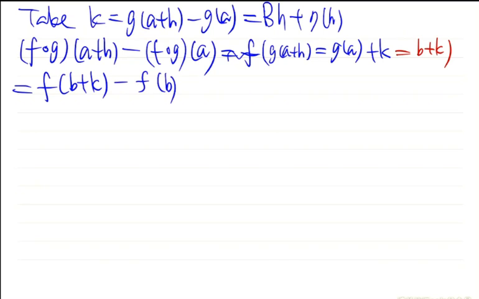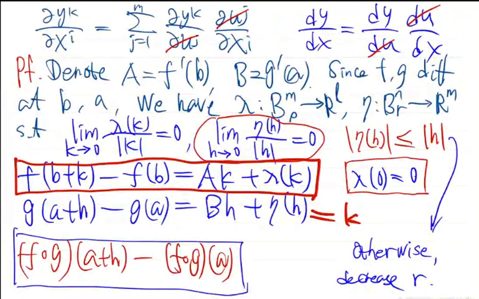So by the first equality, f of b plus k minus f b is a k plus lambda k here. Once h is small, then k will be small by the continuity of g. You see that if h is small, then k is small. Therefore, eventually this equality will be true.